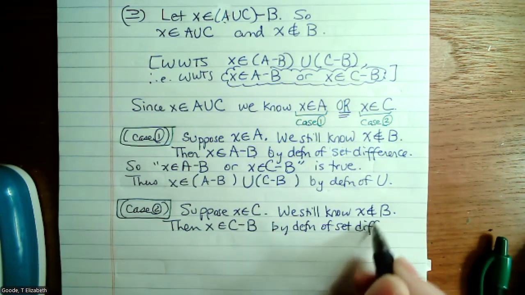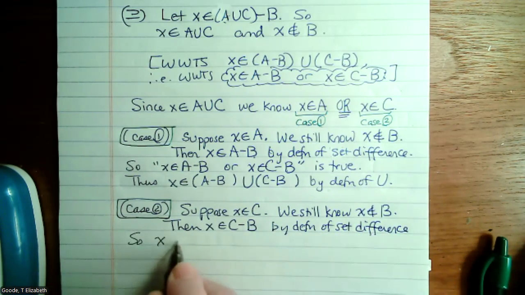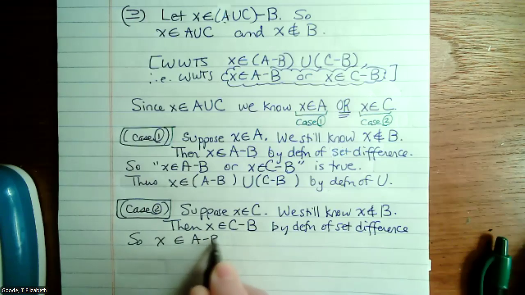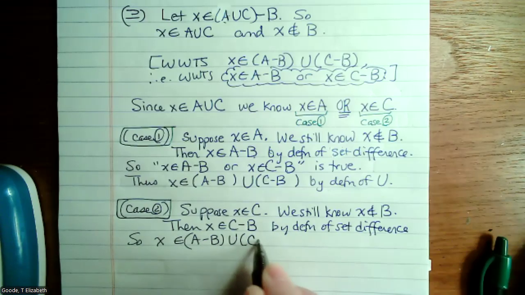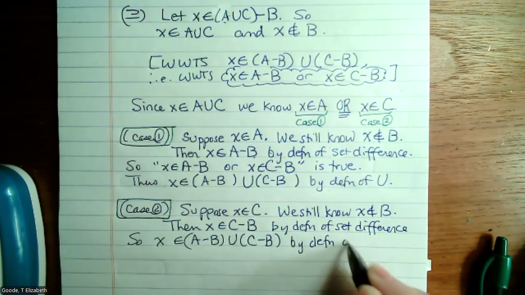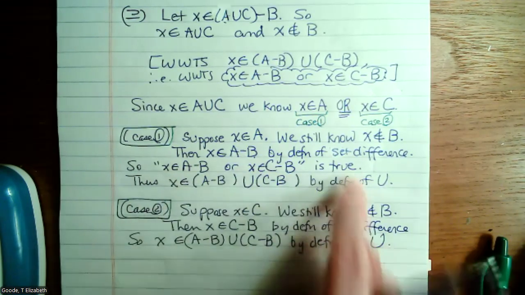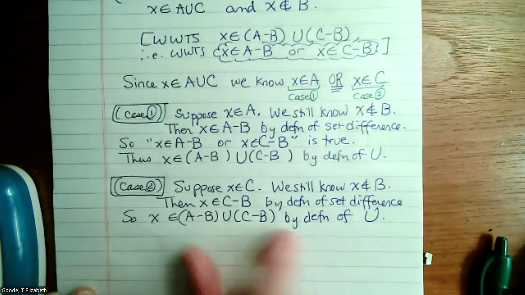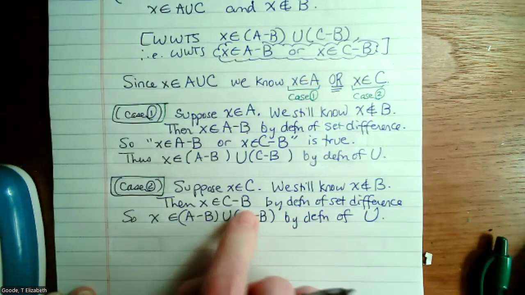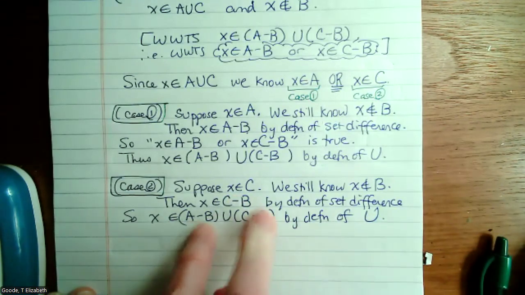So x is an element in A minus B union C minus B, by definition of union. And that's just fine to go directly to that. This extra sentence isn't really necessary, but it kind of helps us sometimes. But it's perfectly fine to go from x being in one of these two sets to being in the union of these two sets.